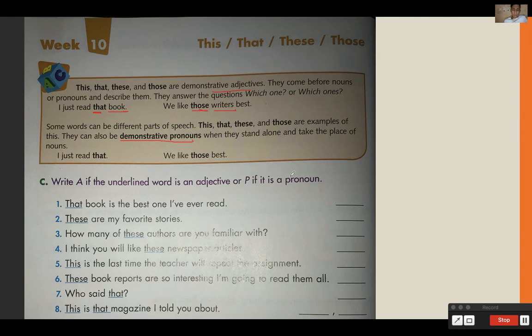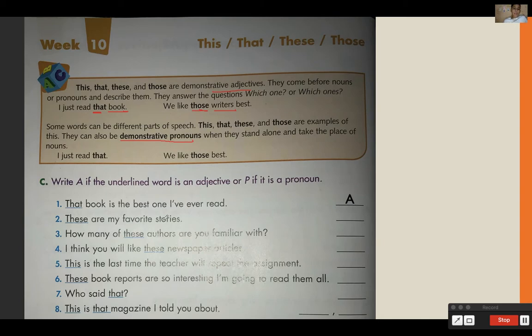Si es un pronombre es porque no hay un sustantivo a la par de él. Por ejemplo, that book is the best one I've ever read. Tenemos el adjetivo y el sustantivo. Entonces este es un adjetivo, miren. ¿Por qué? Porque estamos describiendo al libro.